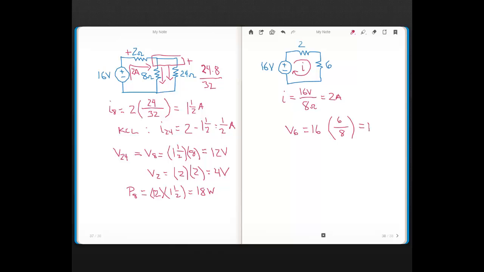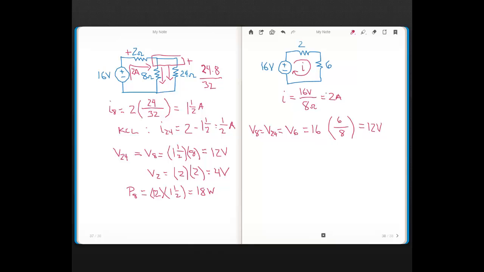So the voltage across that 6 ohm resistor is 12 volts. And you see that 6 ohm resistor in this diagram represents the 8 and 24 in parallel in this diagram. So the voltage across the 6 in this diagram is the voltage across the 8 and the voltage across the 24.